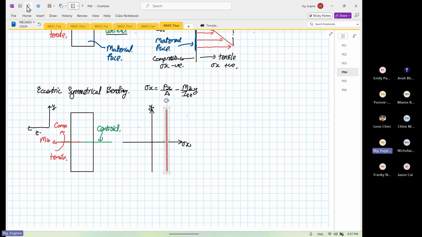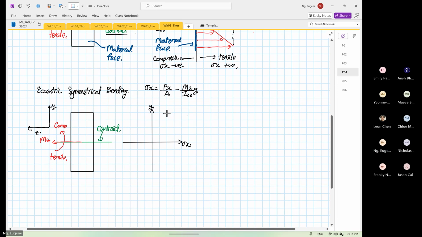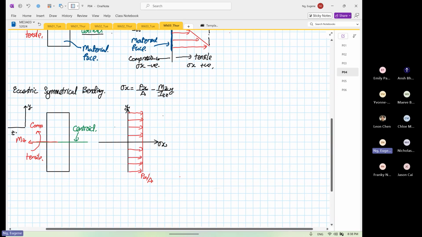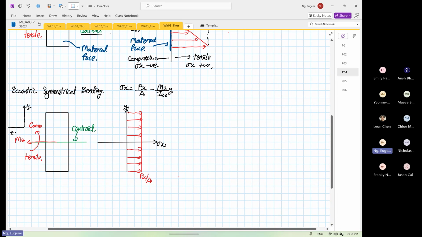And then let me make sure that the straight line. And this is our Px over A. Okay, so it's in tension, right?